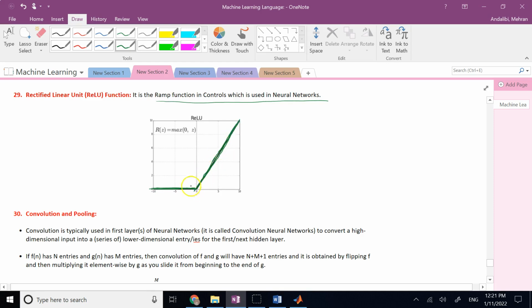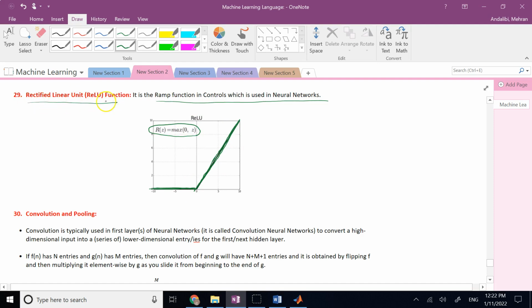If I want to combine these two behaviors into one criterion, that's the way to go. We say the output is the maximum of 0 and the input. So of course, when your input is less than 0, the output is 0. When the input is bigger than 0, it is the same as the input.